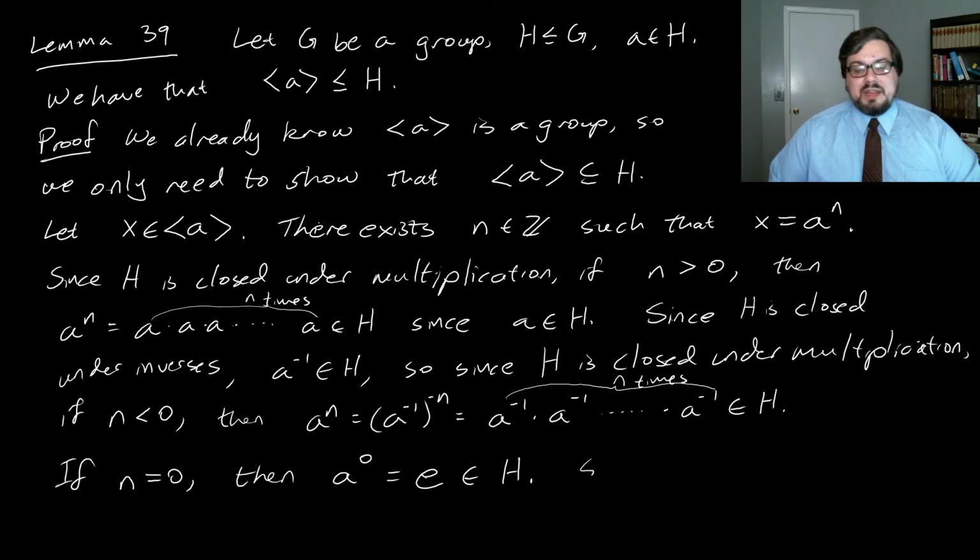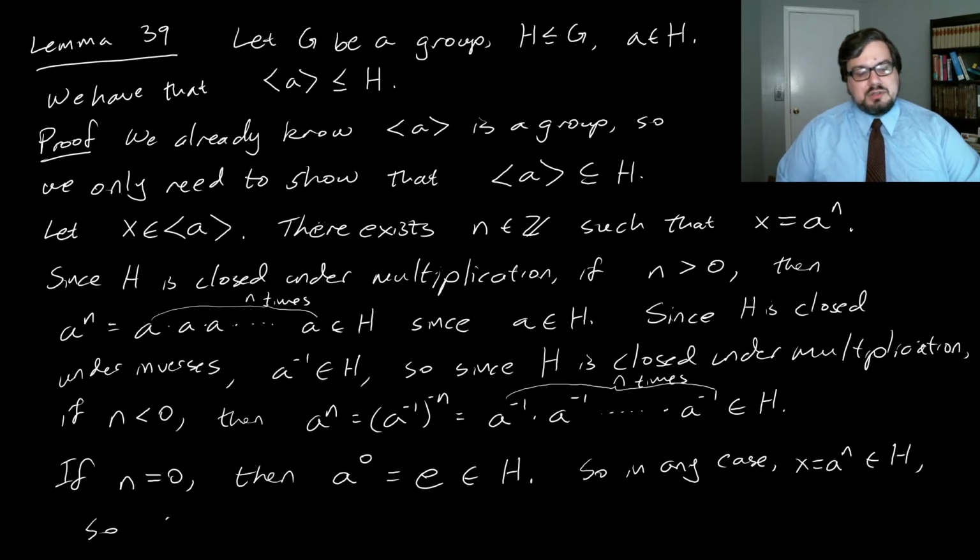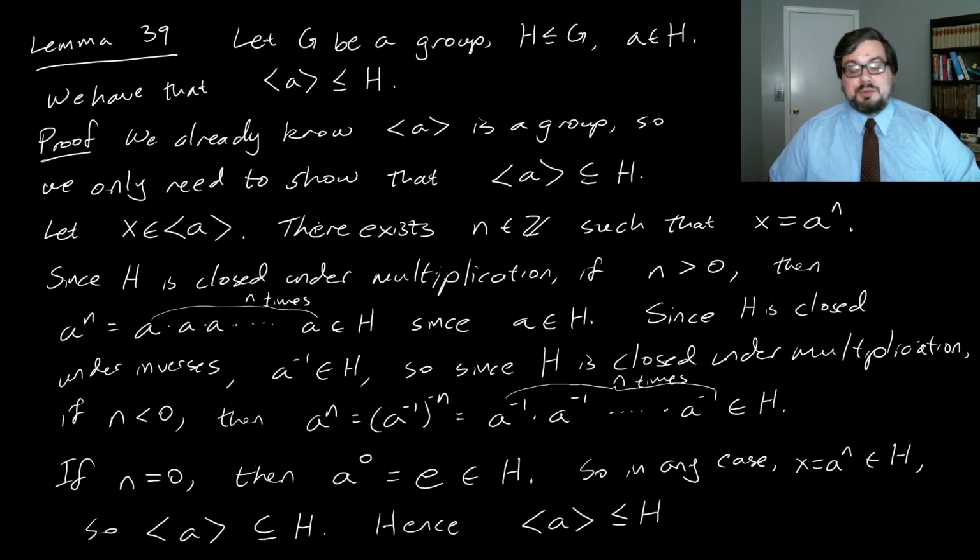So we have that in any case, X, which is A to the n, has to belong to H. So that means that the cyclic subgroup generated by A is a subset of H. Hence, the cyclic subgroup generated by A is a subgroup of H.